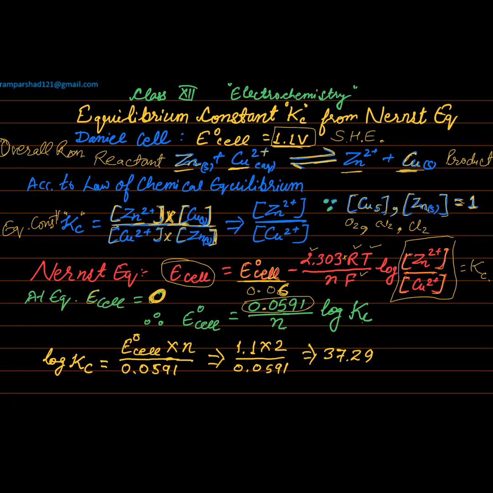So rearranging this formula, we get log Kc is equal to E naught of the cell into N number of electrons transferred divided by 0.0591. So when we put the values and calculate the above expression, we got the result as 37.29.